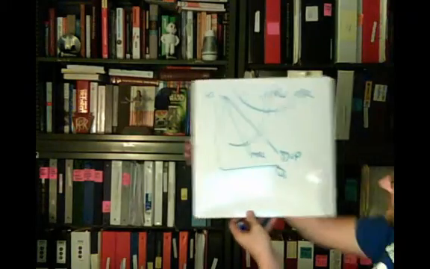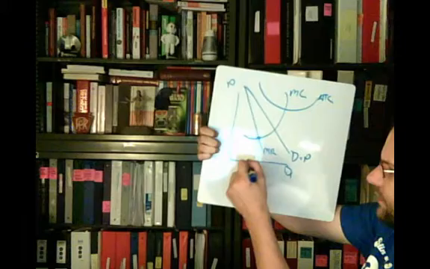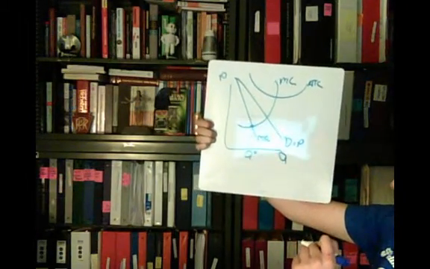Now, what if instead of having zero profit, we drew a situation like this? What would we do? MR equals MC to find the quantity, the profit maximizing quantity for this firm.